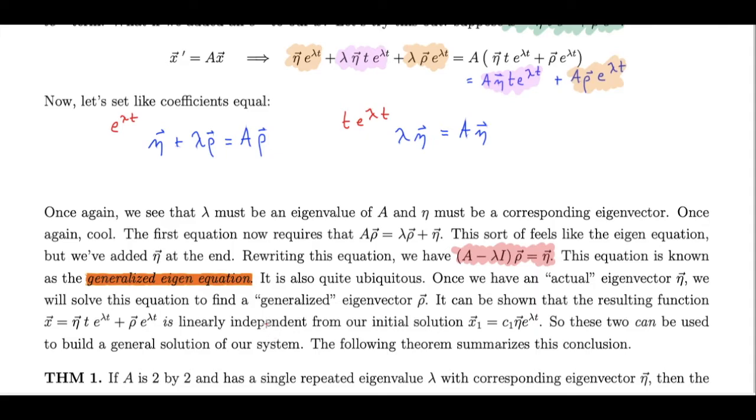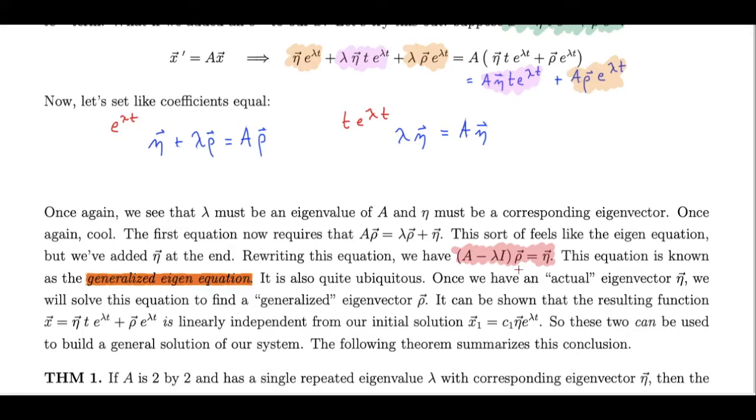When we do, rho is called a generalized eigenvector of the matrix A. There is no reason that these two equations are inconsistent or somehow contradict each other, and it will in fact be possible to first solve the regular eigenequation to get eta, and then use this generalized eigenequation to get this second necessary ingredient, this vector rho. So that indicates that this solution works, meaning that it is in fact a solution.